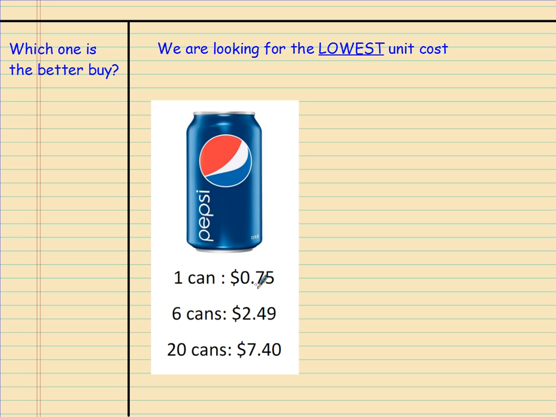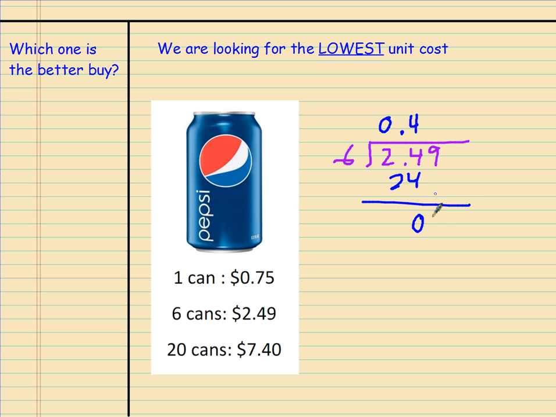1 can, 75 cents. This is already a unit cost, because it's already looking at 1 can. Now let's look at a 6-pack at $2.49. That means we're dividing $2.49 by 6. How many times does 6 go into 2? It doesn't. How many times does 6 go into 24? 4 times. 6 times 4 is 24.